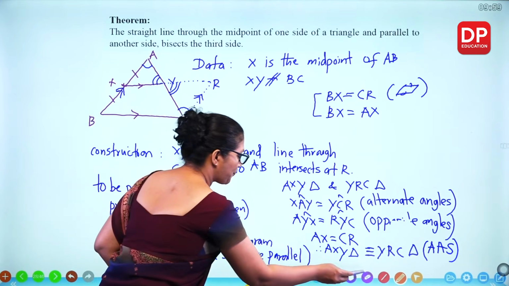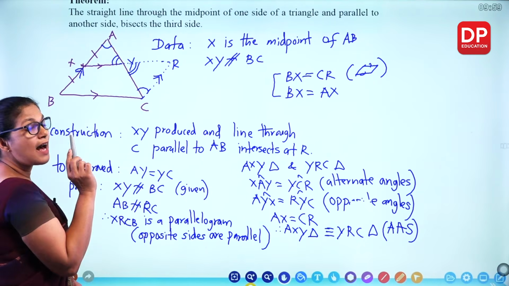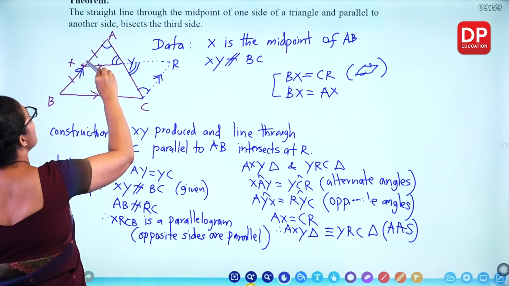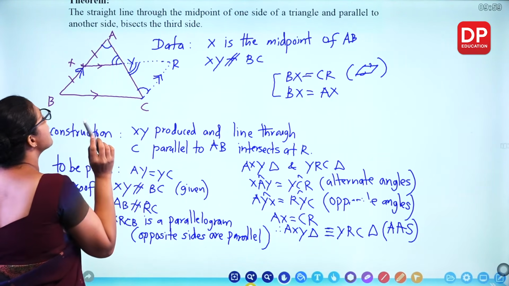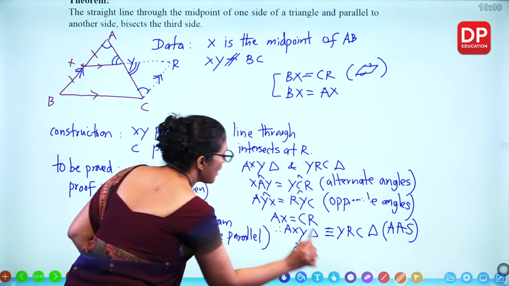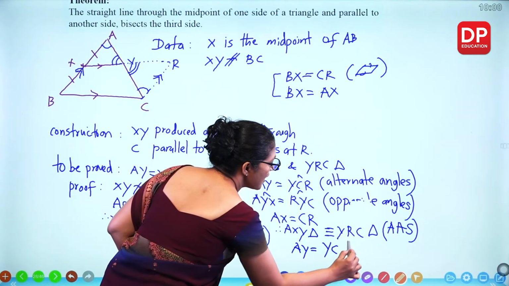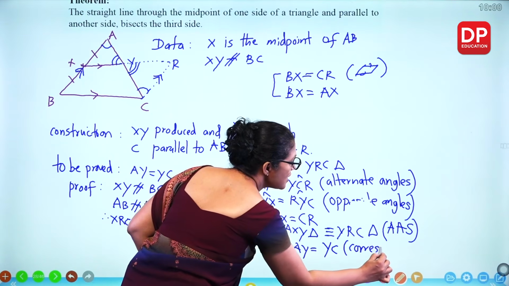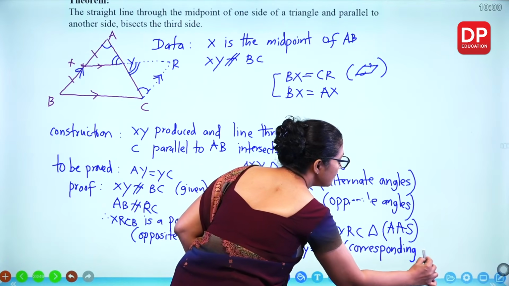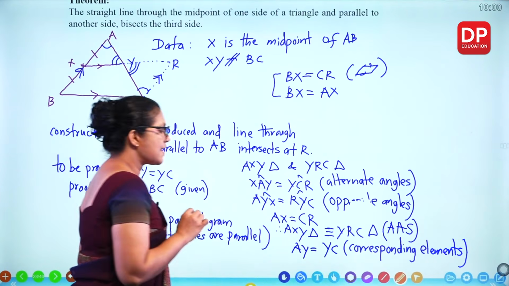So therefore, these two are congruent, which means corresponding elements are equal. So what are the corresponding elements? AY is opposite to this angle, and YC is opposite to this angle. So AY equals YC, because corresponding elements are equal.